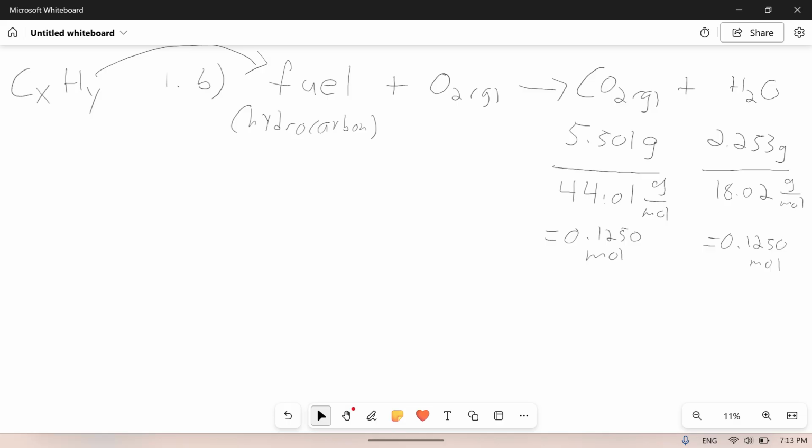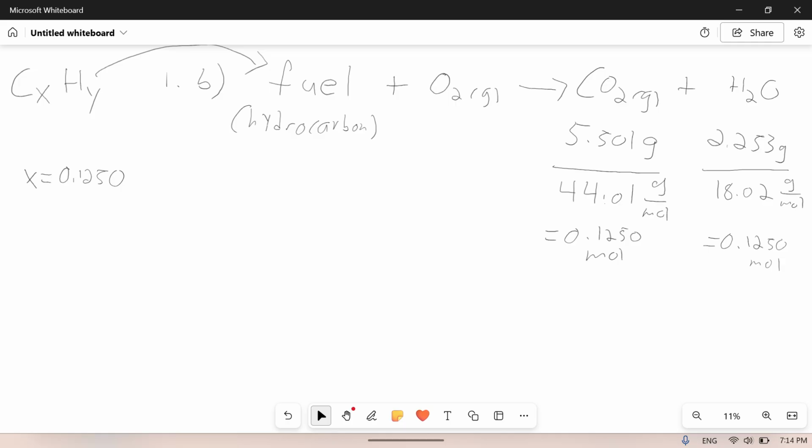Okay, so whatever number of moles of CO2 we produced, that must be equal to the amount of carbon atoms, or the mole ratio of carbon within the formula of our fuel. Okay, so this X must be 0.1250. We'll try to get it to a whole number later, but let's figure out H next.